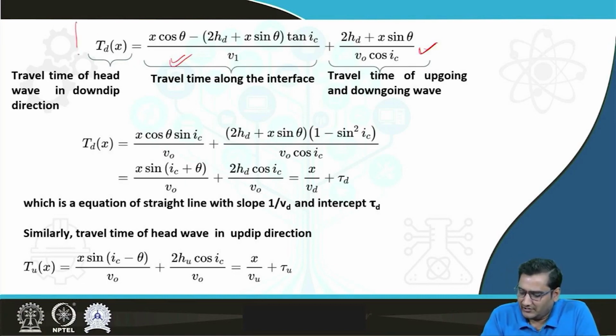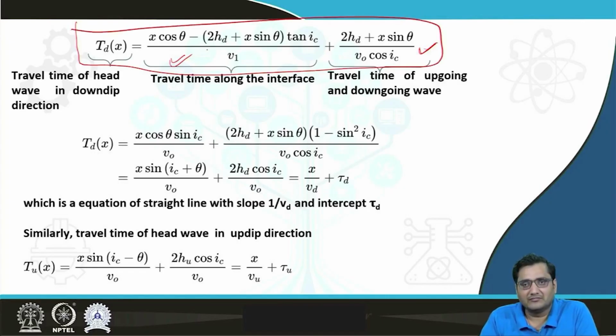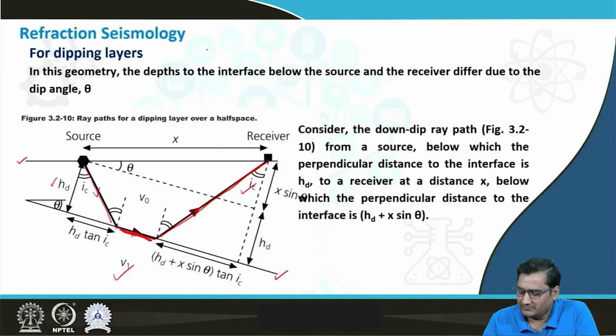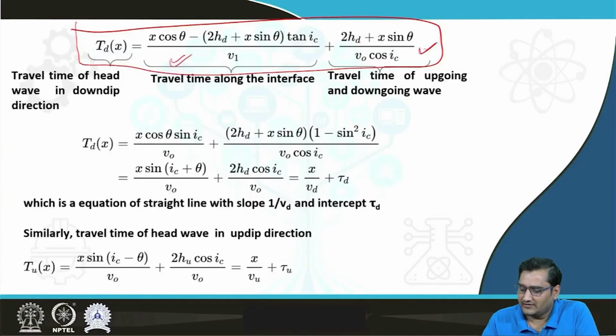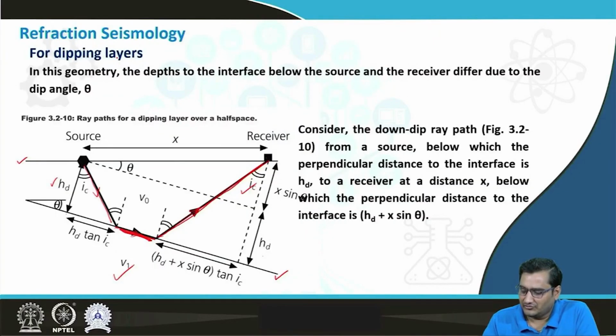I am not going into the derivation of this particular portion because it is quite simple. You can just use some trigonometry to calculate TDX: look at this triangle here to calculate the travel time of this path, and look at this triangle to calculate the travel time of this particular path, and then you can easily calculate the travel time for the head wave over here.